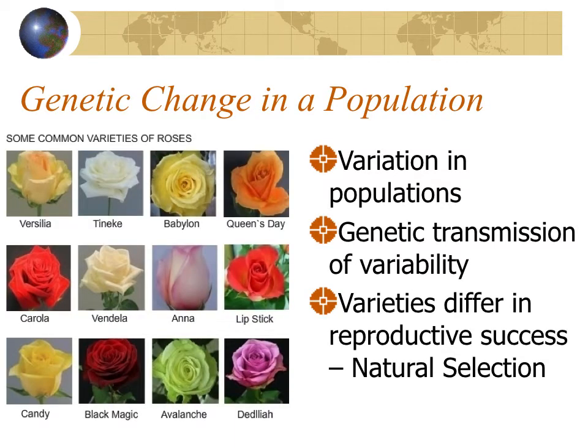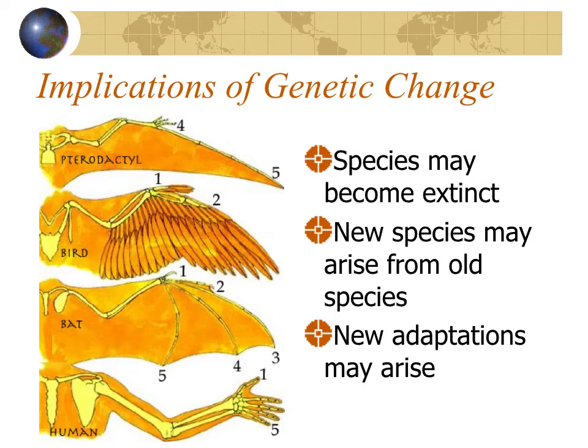Okay, so this genetic change in populations relies on existing variation in the population, that the variation is at least partially genetically transmitted. Okay, so it can go from parent to offspring, and that these different varieties differ in their reproductive success. Okay, and so some of them will lead to having more offspring.